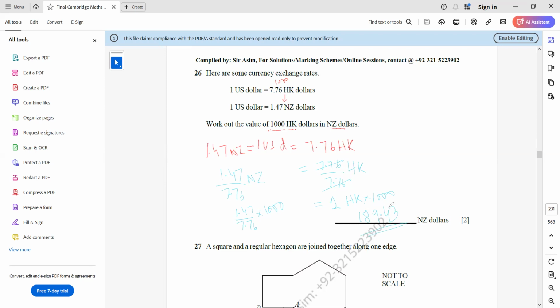This is what is to be recorded. So 1000 Hong Kong dollars are equal to 189.43 New Zealand dollars.